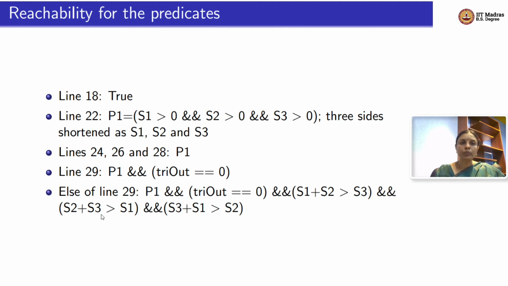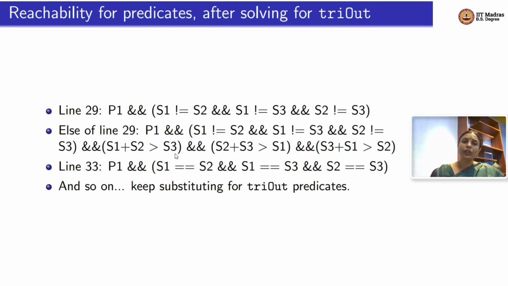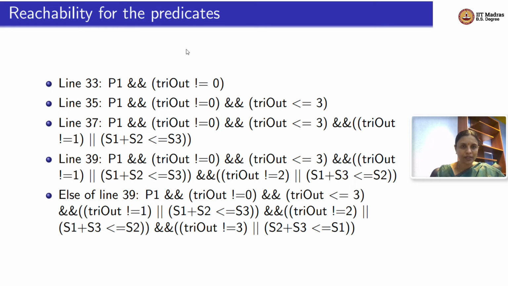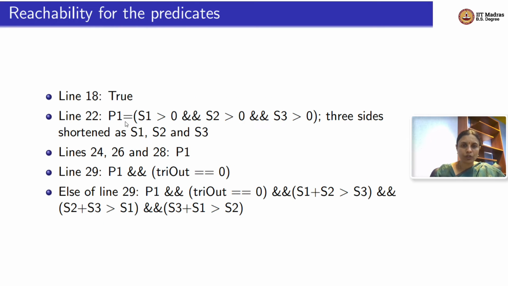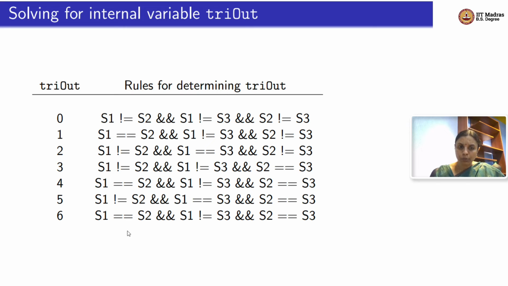pass input. What we did was we wrote the reachability conditions for all the predicates. Then we said, let me take the internal variable tryout and rewrite it in terms of the values of the input variables that I have. That's this table. Now the reachability conditions, wherever tryout was involved, that is lines 29, else of line 29, 33, 35 and so on, all these predicates had the variable tryout, which could be rewritten as inputs like this.